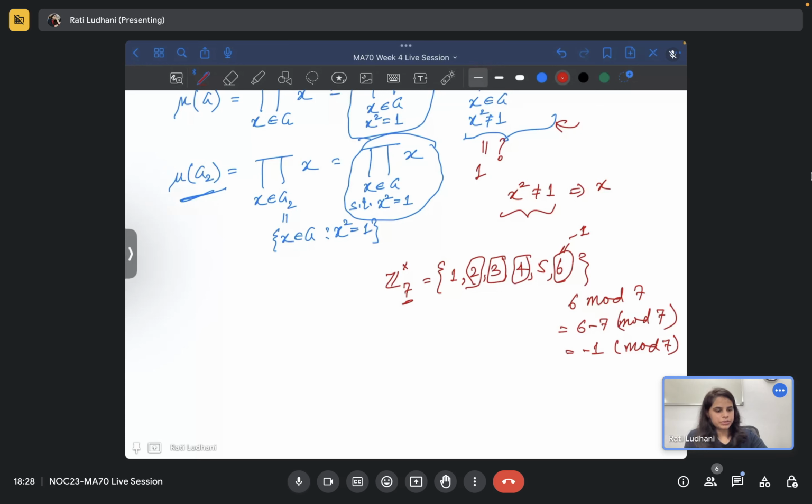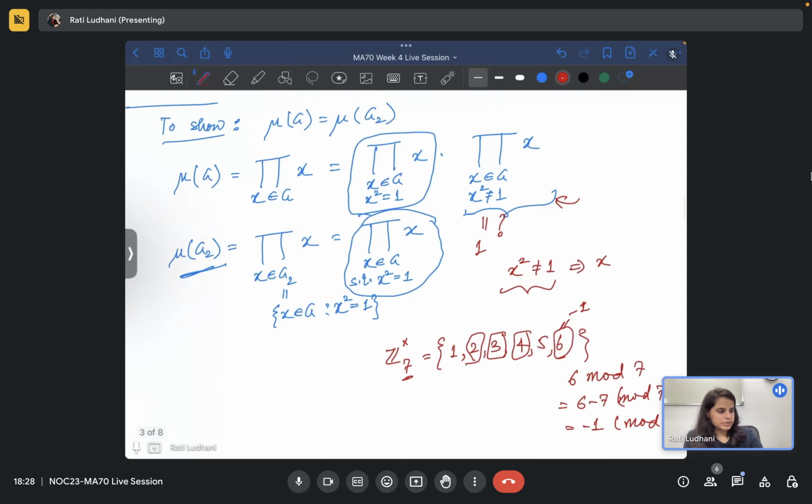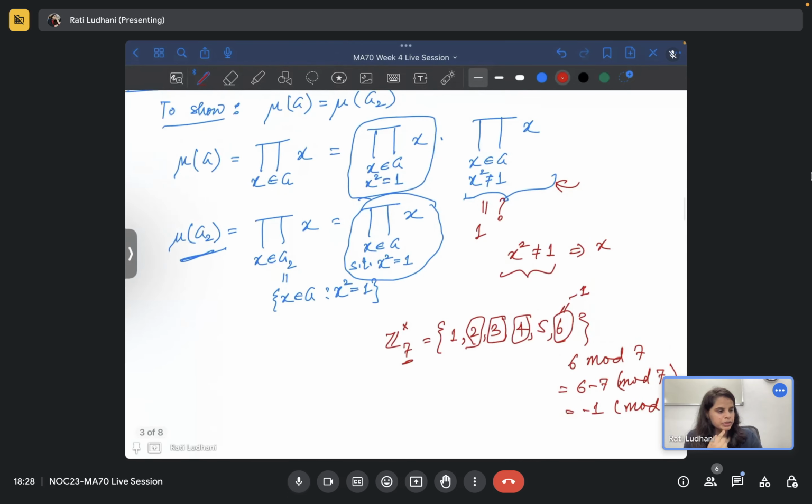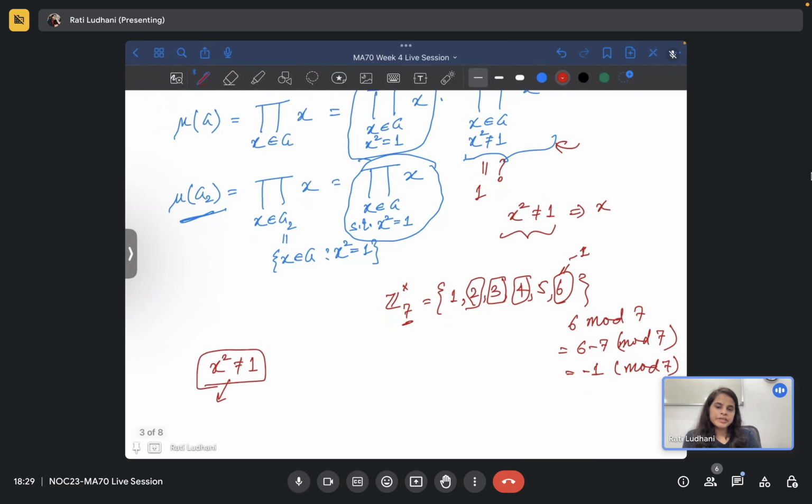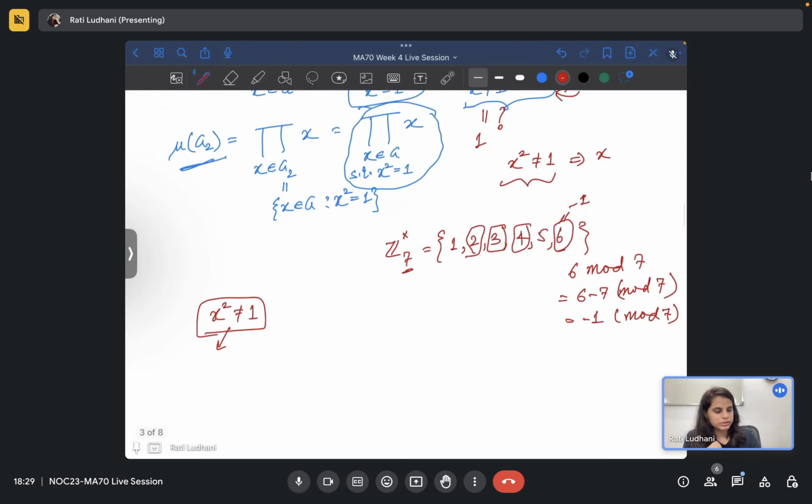Okay, great. As Adarsh has typed in his message, in this case when x square is not equal to 1, any element which satisfies this property, its inverse will be distinct. So what does he mean?